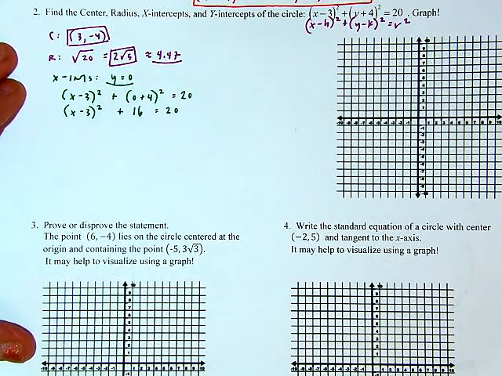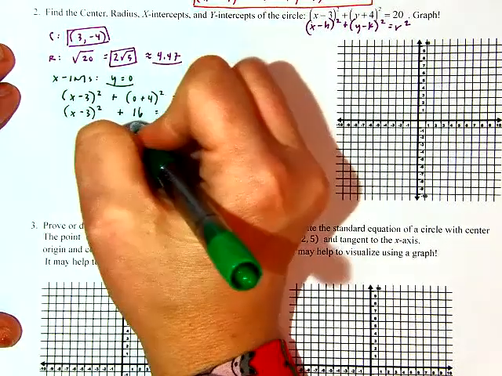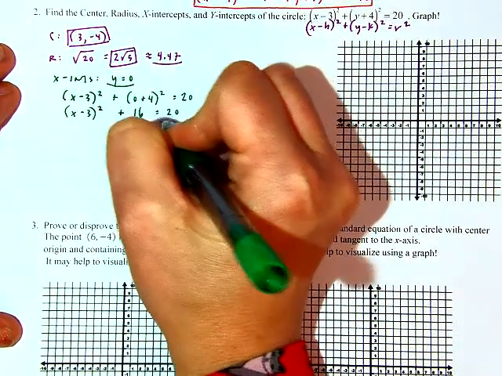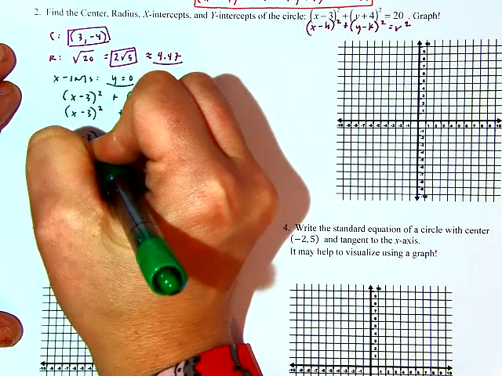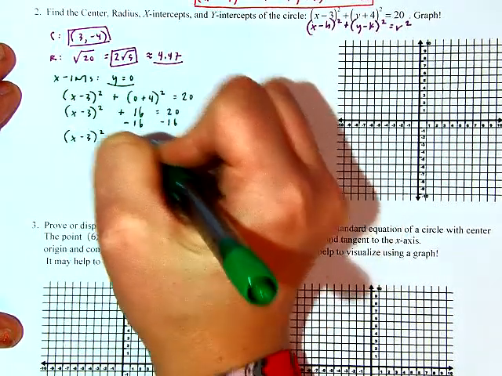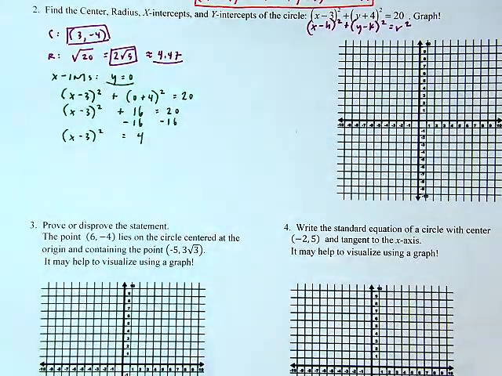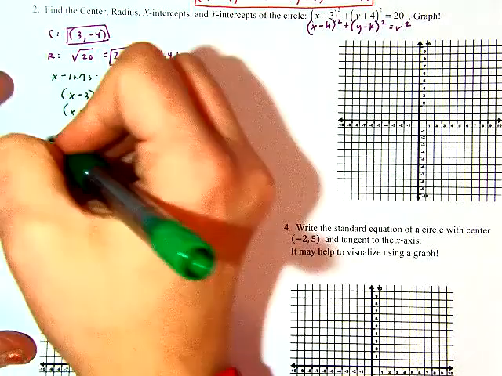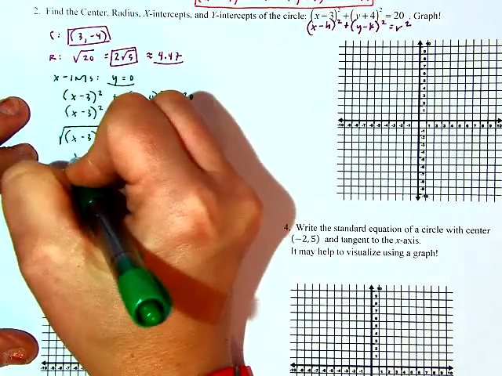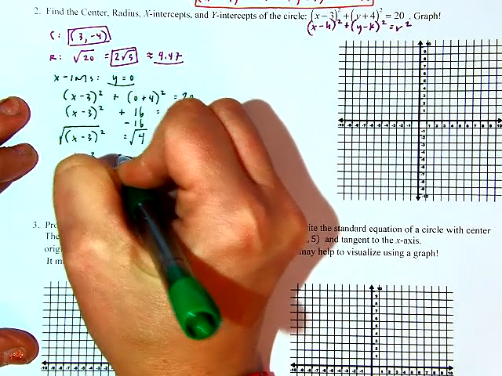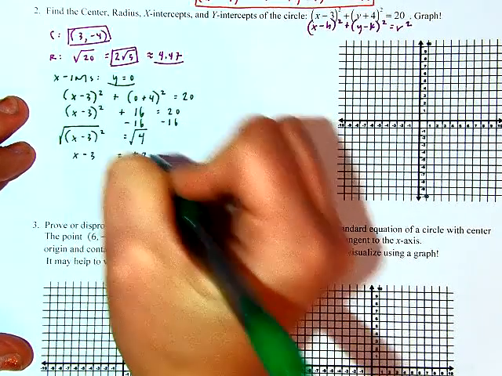I want to get that squared portion all by itself, so I'm going to take away the 16. So x minus 3 squared is equal to 4. So now I'm ready to solve by taking the square root. And x minus 3 equals plus or minus 2.